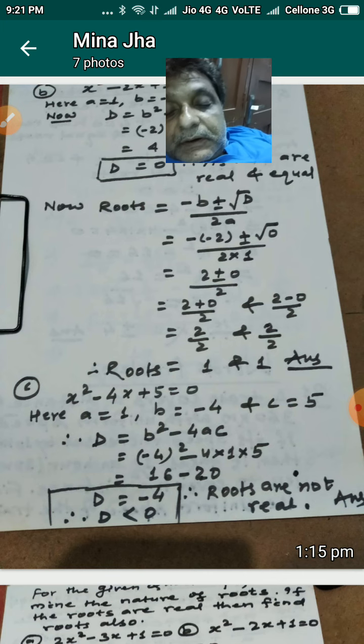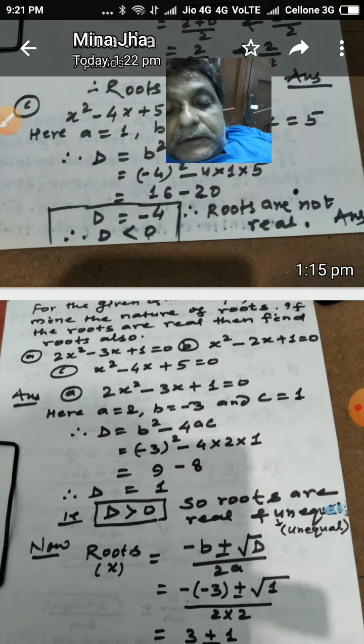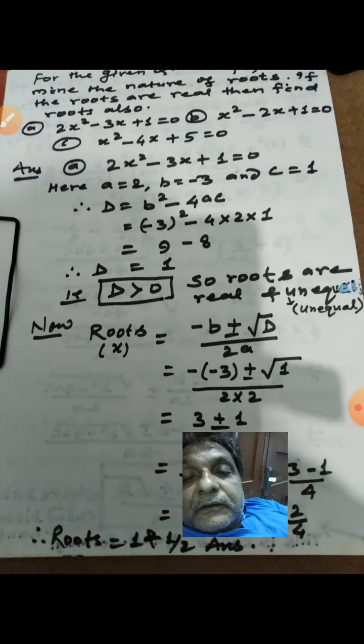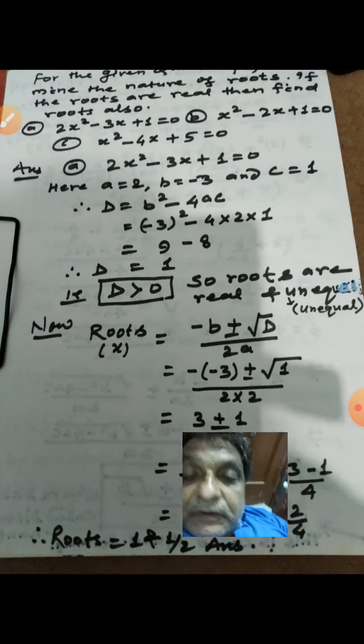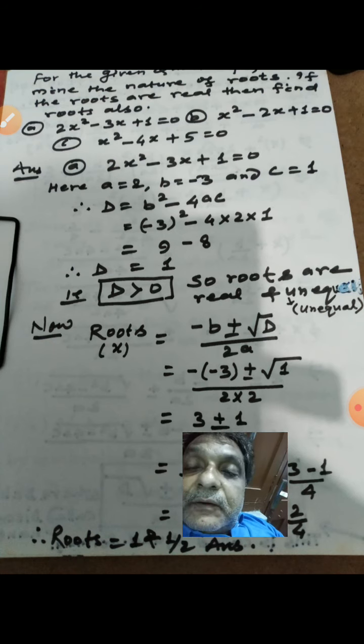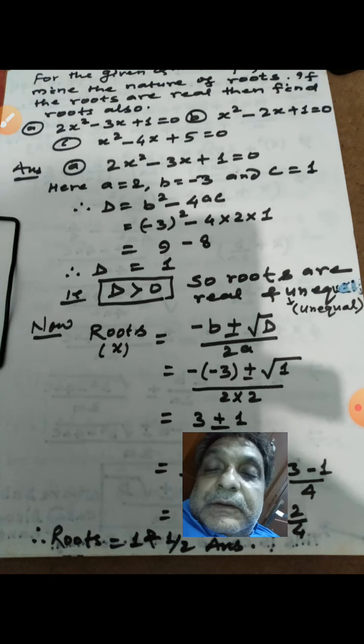Okay, one more condition is there, which is here. You see the instruction of the question, what I was telling you, is also given: for the given quadratic equation, determine the nature of roots. If roots are real, then find roots also. So this is our question.